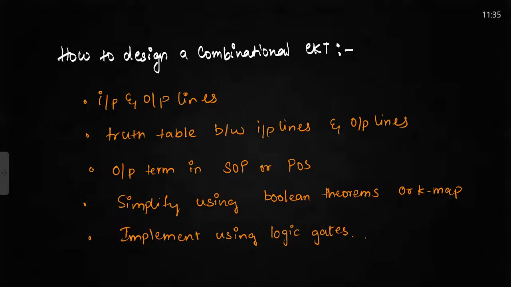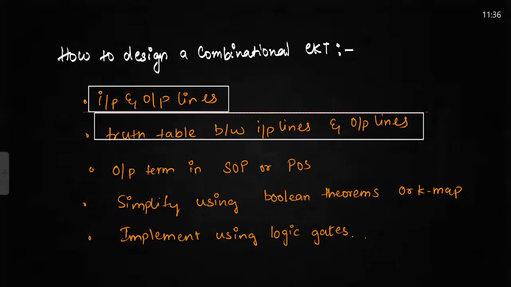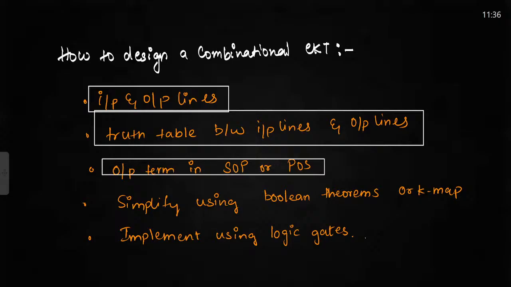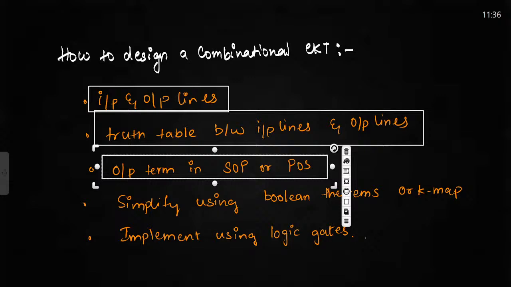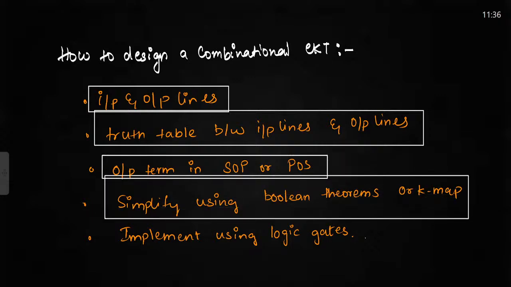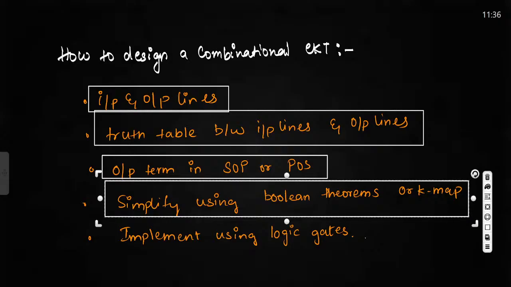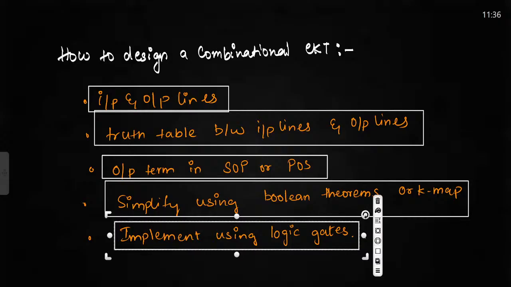First, you need to identify the input lines, then draw the truth table for the circuit, then write the SOP or POS form of the output, then simplify using Boolean theorems, and then implement using logic gates. So that is how we will design a combinational circuit.